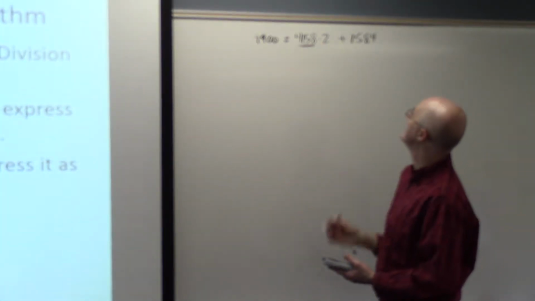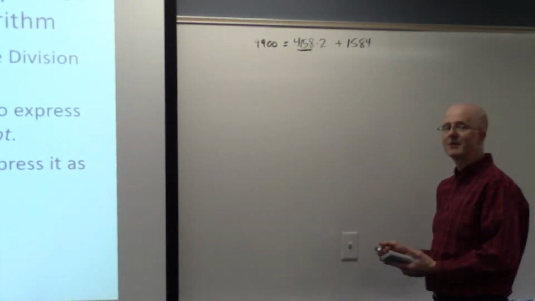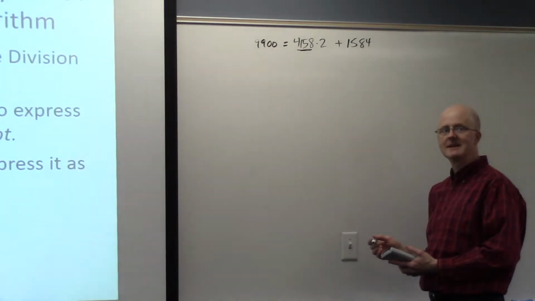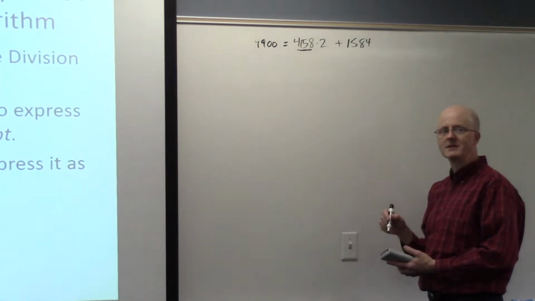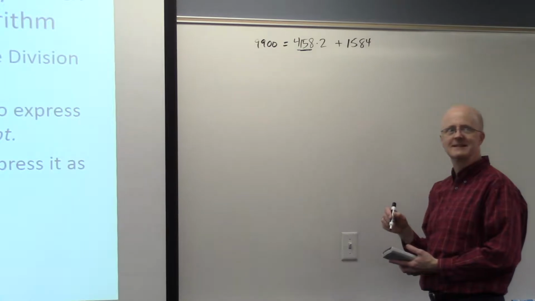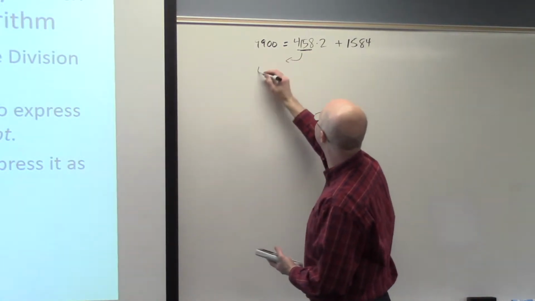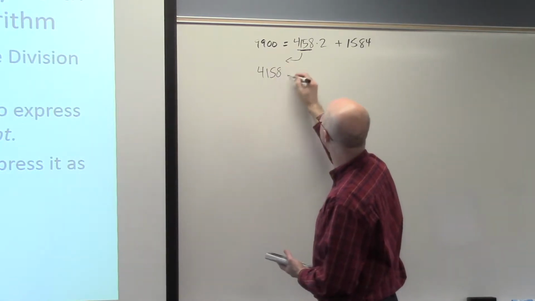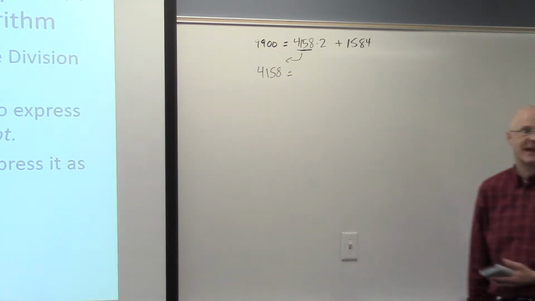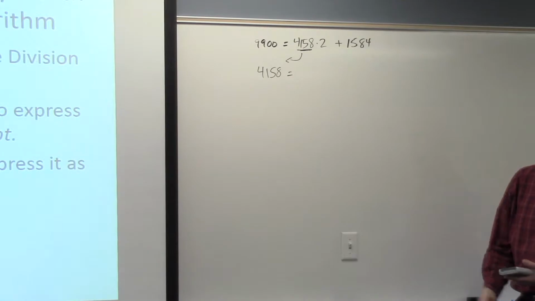Make the original, I'm forgetting the word, is it divisor or dividend, the one that goes in the bottom of the fraction? I forget the terminology. Take that 4158, the thing you were dividing by originally, and make it the thing that you are dividing into now.